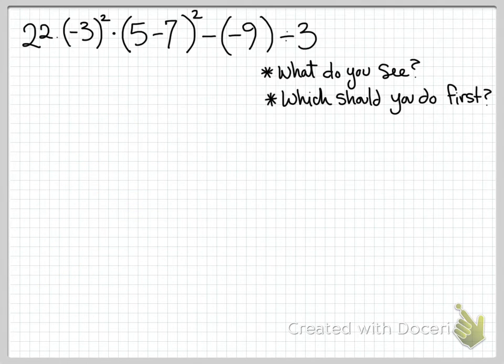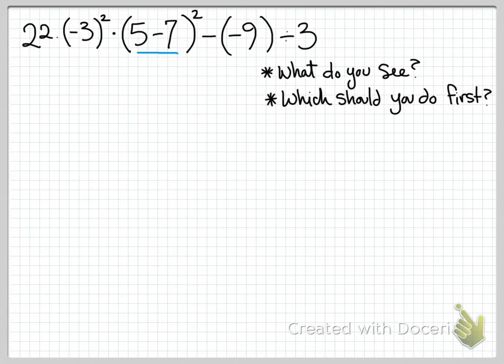All right, last one, number 22. Super fun looking problem. I see multiplication, I see parentheses, I see division, and I see exponents. So I think we'll get started here with 5 minus 7.